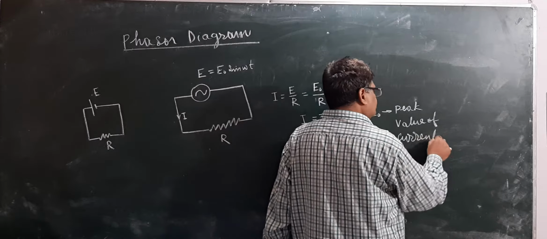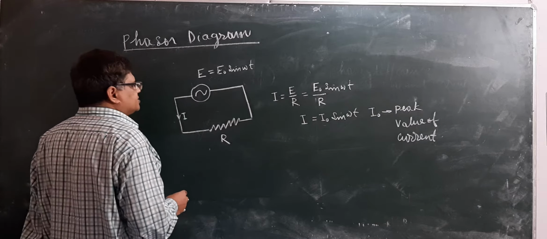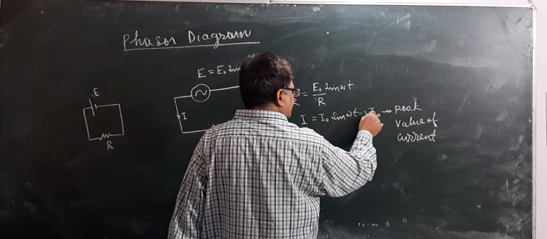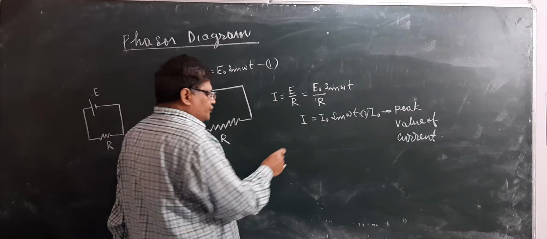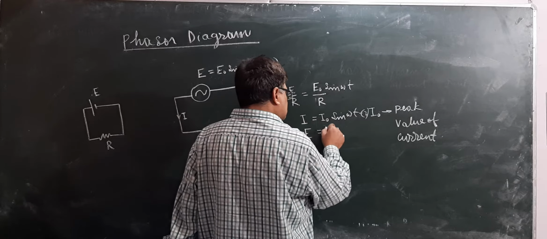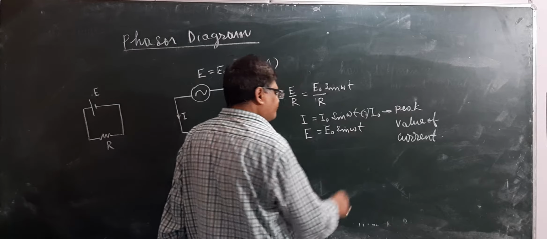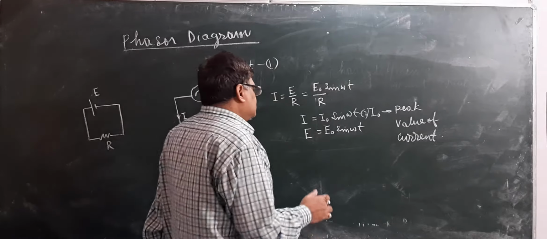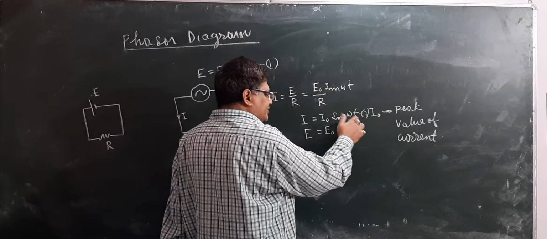So we have got two equations here. This is the first equation and this is the second equation. I will write the first equation once again over here. So the instantaneous EMF is given as E is equal to E naught sine omega t. Now in these two expressions, the phase angle in both cases is omega t.